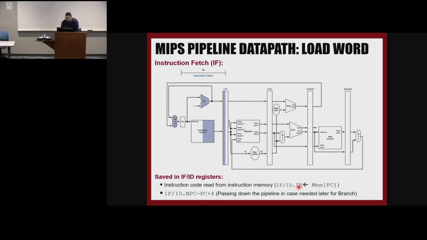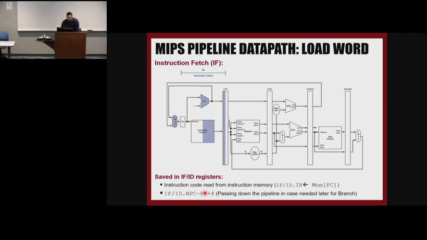This is how we show it. So it means that this is in the IF/ID pipeline, and the register in the IF/ID pipeline is called IR, which is the instruction itself. Okay, instruction register. So the instruction code is read from the memory and is stored in the pipeline.